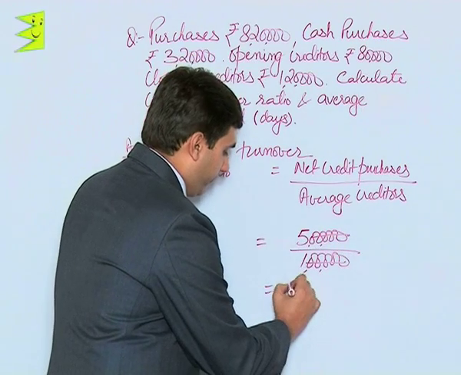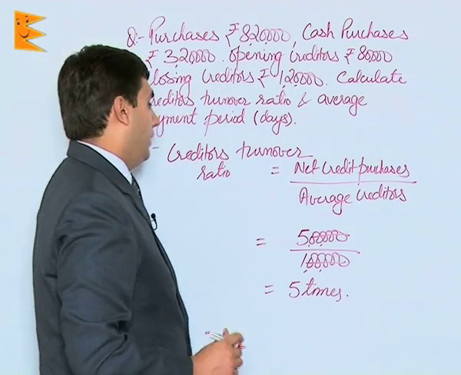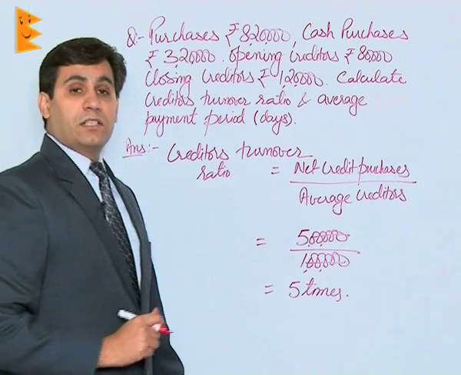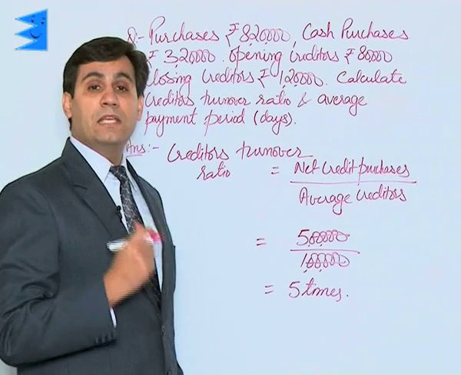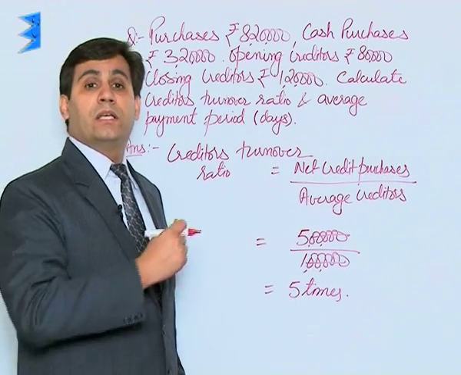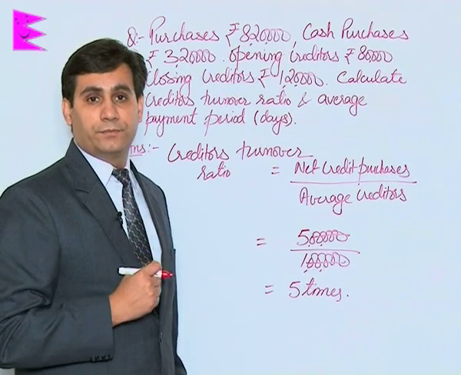Dividing, we get 5 times as the answer. That means the creditors turnover ratio in this question is 5 times. We are making payment to our creditors 5 times a year on an average basis.